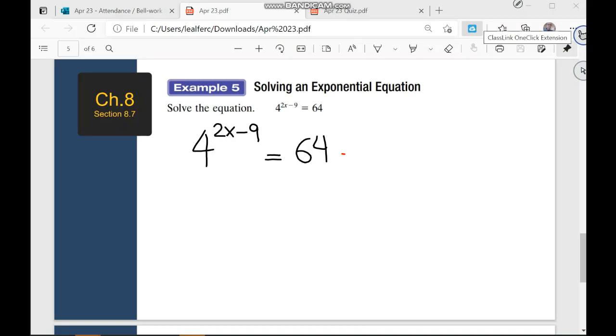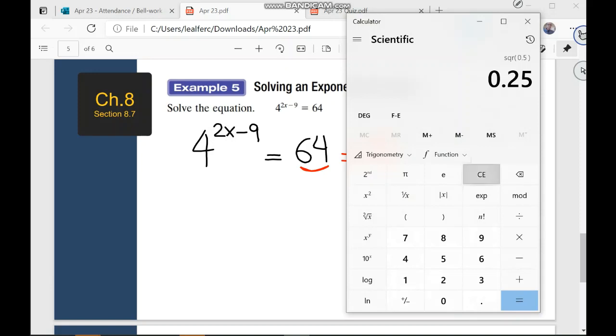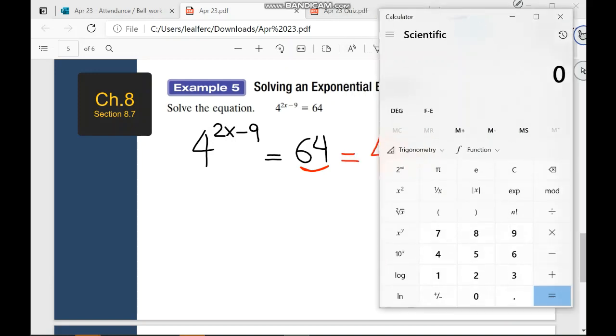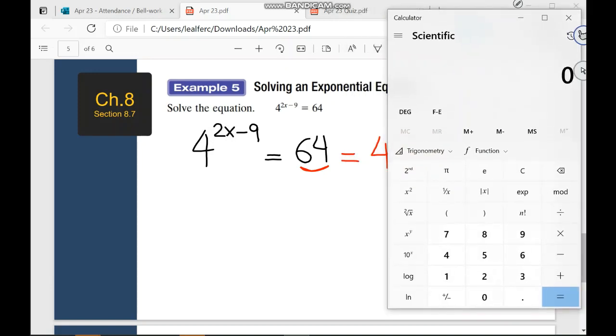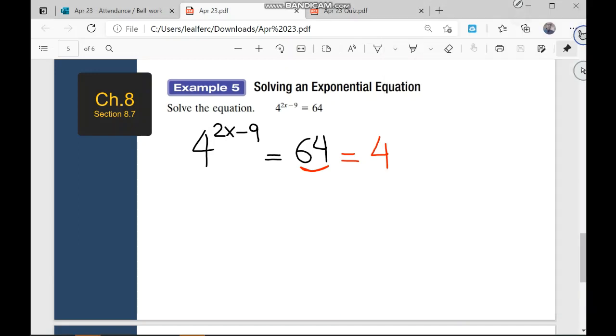But maybe we can try to represent 64 using the base 4. If you're not sure, bring your calculator and let's try, okay? 64. 4 times 4 is 16, times 4 again is 64. So we multiplied 4, 1, 2, 3, 4 times 4 times 4, 4 exponent 3. See?